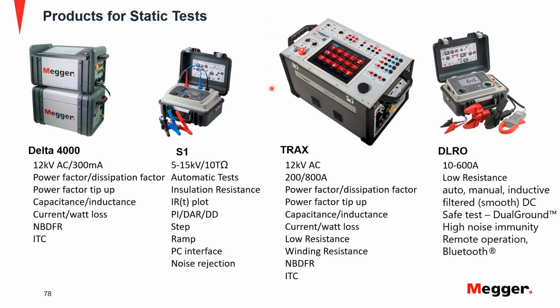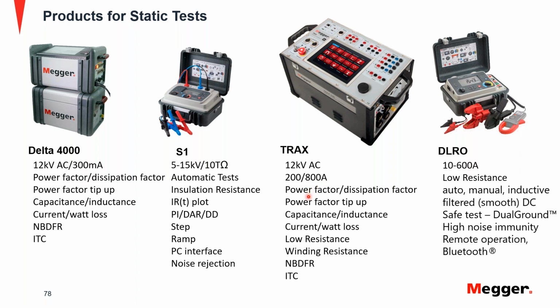Then we have the Trax, which is our, I don't like to say this, but it is our Swiss Army knife. It can be used to test almost anything out there. Like the Delta, it has a 12 kV AC capability. There are models from 200 to 800 amps, and it can do everything.